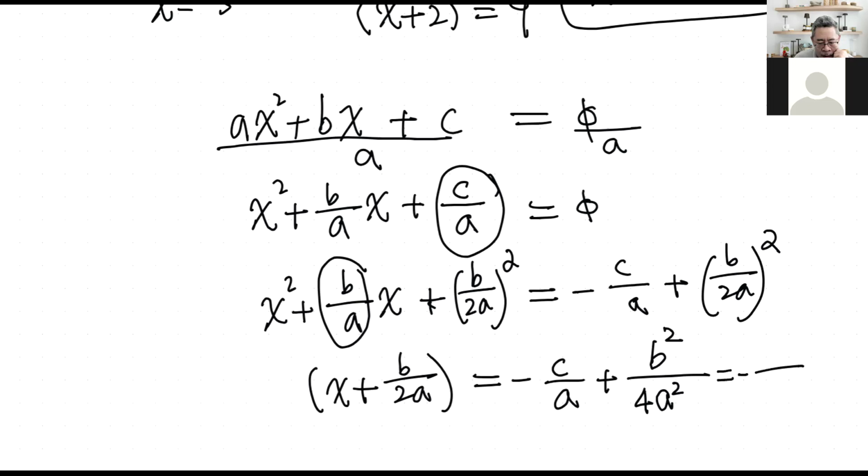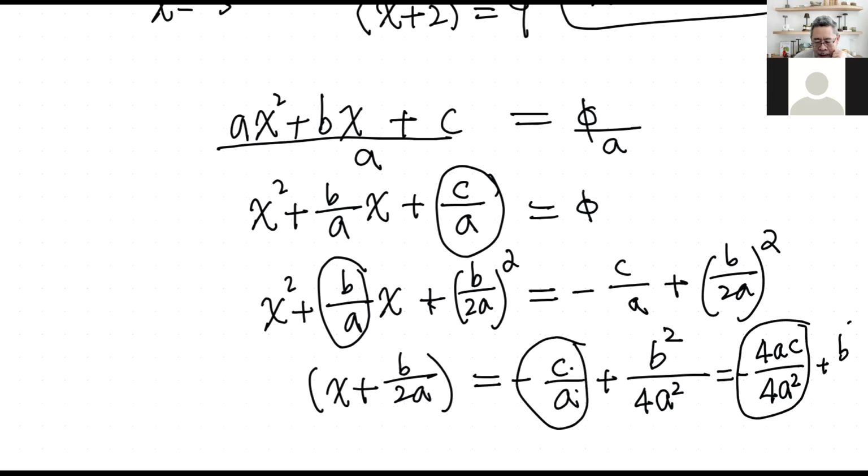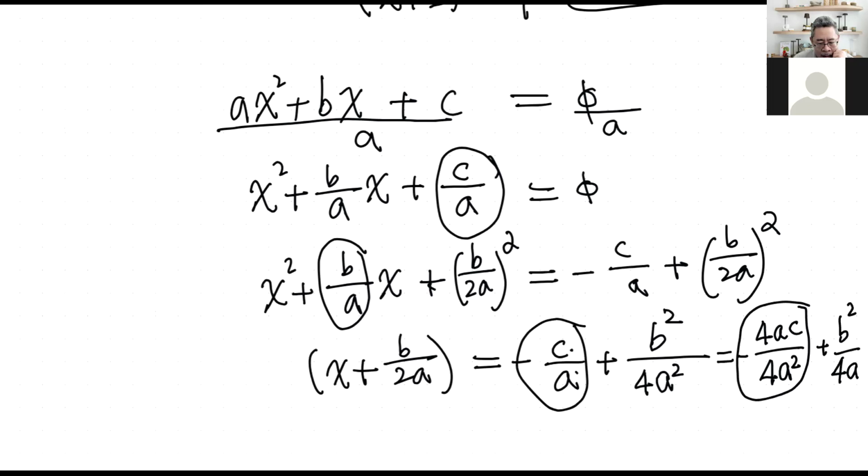So basically, we change this one to make the bottom 4a squared, and so we changed this into this. Then we can add b squared over 4a squared.